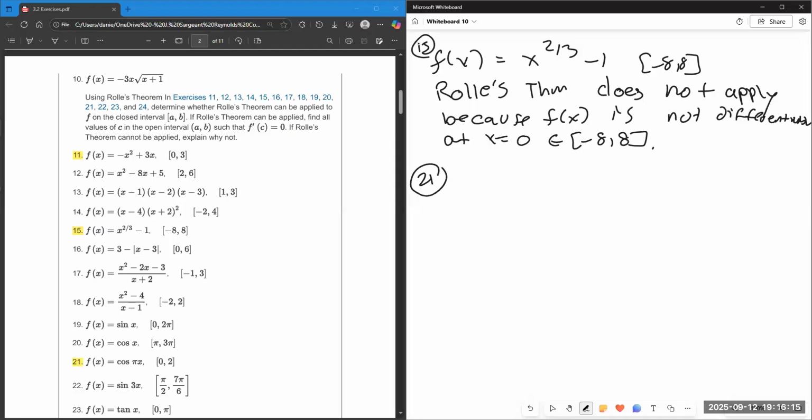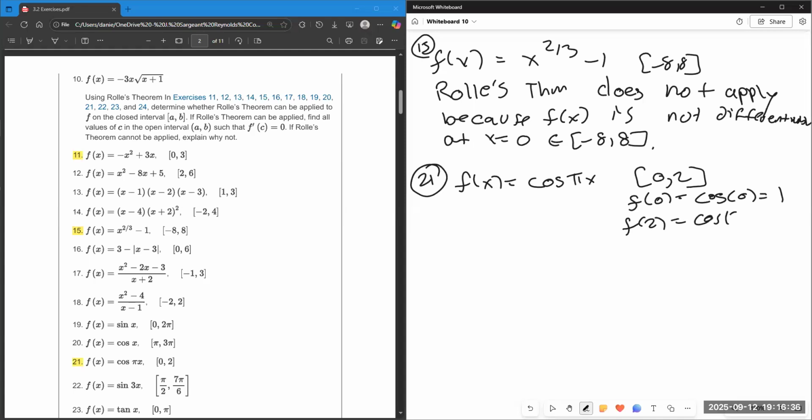21. F of x is equal to cosine of pi x on the interval of 0 to 2. So f of 0 is cosine of 0, which is 1. F of 2 is cosine of 2 pi, which is also 1.